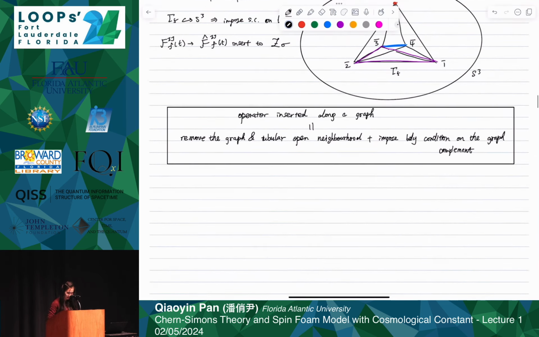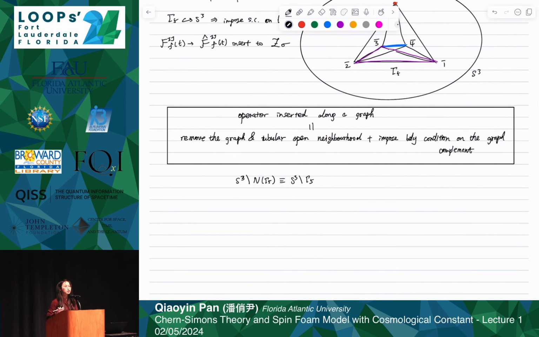Here in our example, my three manifold is the three sphere, and I remove the graph. I would denote the complement by three sphere quotient of the open neighborhood of the gamma 5 graph, or just S3 quotient gamma 5 for simplicity.